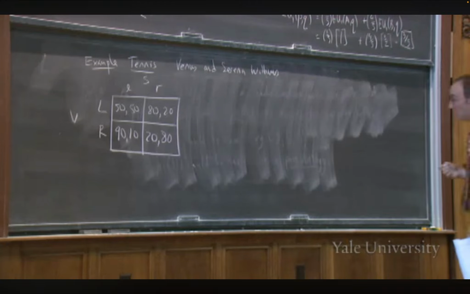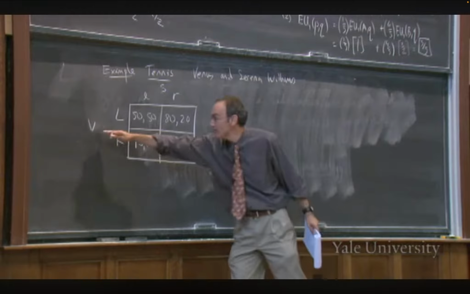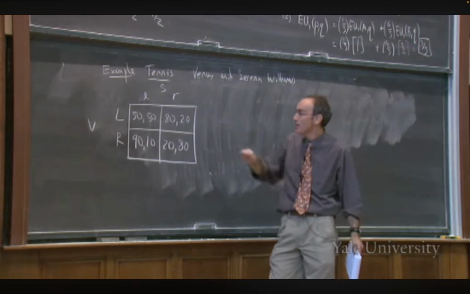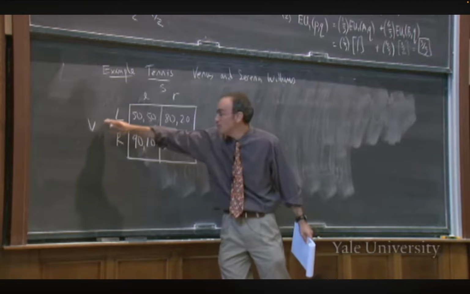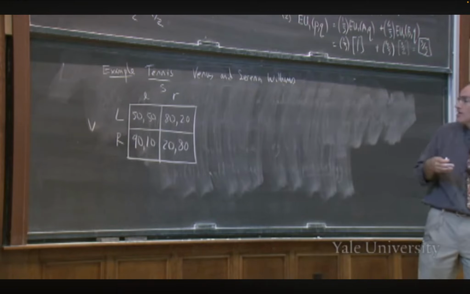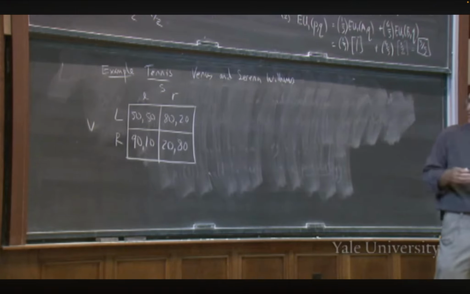So first of all, let me just explain what the strategies are. I'm assuming the row player is Venus and the column player is Serena. I'm assuming that if Venus chooses L, that means she attempts to pass Serena to Serena's left. We'll orient things from Serena's point of view.